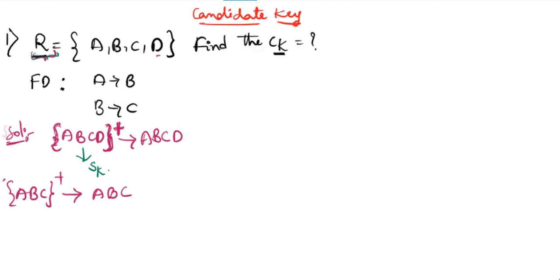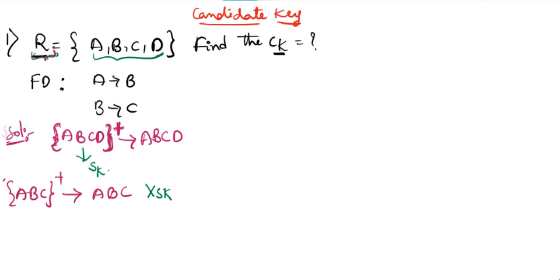You should remember, it is not determining the complete R. R has four attributes, but this closure is giving only three attributes. That's why it is not a super key.